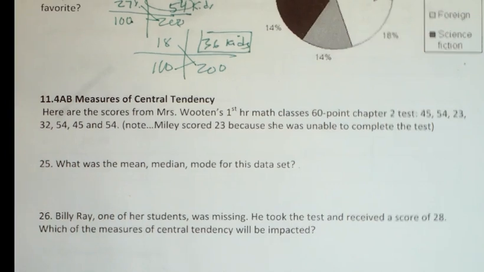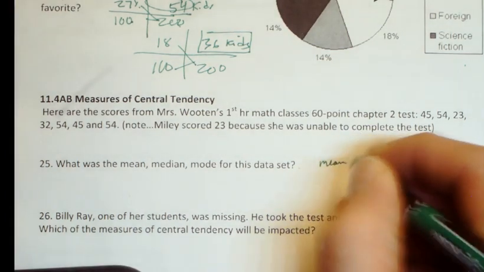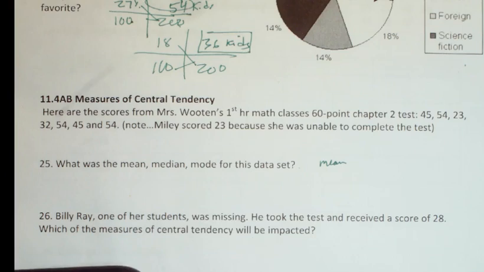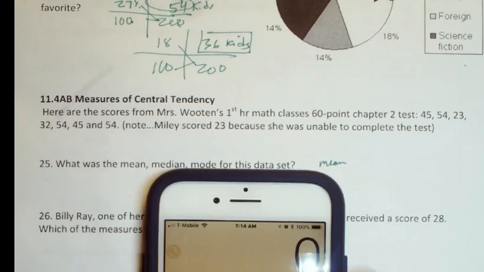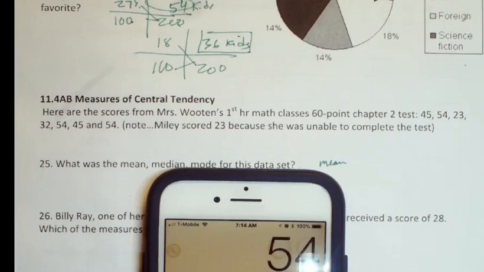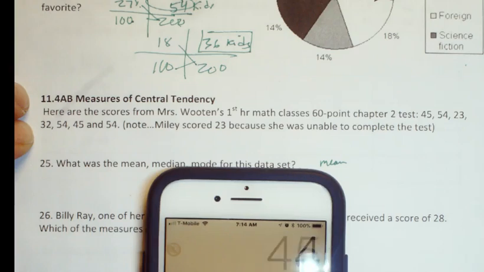All right, we've got to add them up. Let's do the mean first. Mean, we're just going to add them up and divide them. So we got 45 plus 54 plus 23 plus 32 plus 54 plus 45 plus 54.